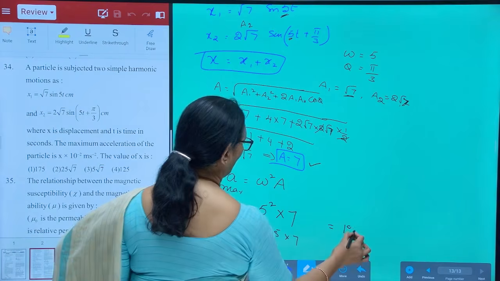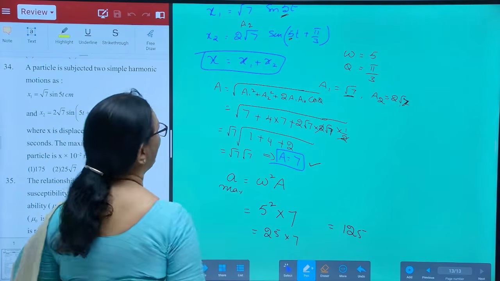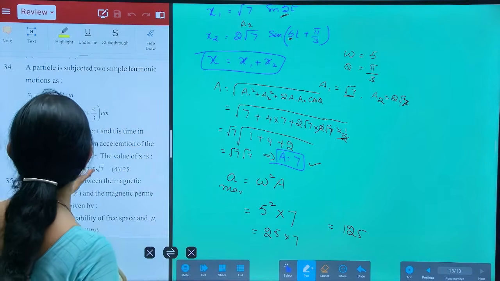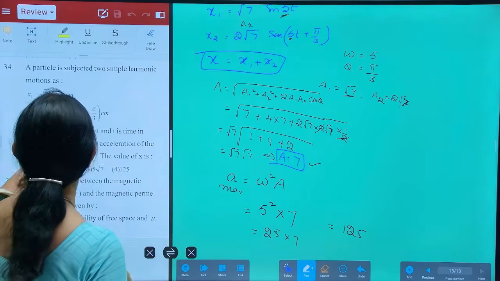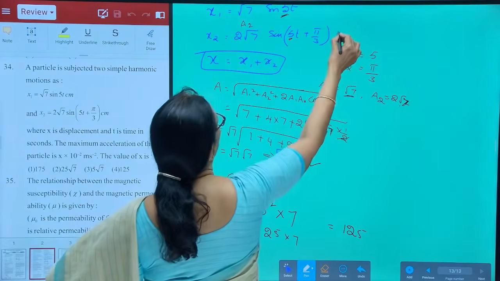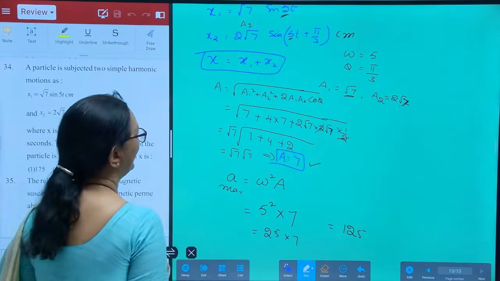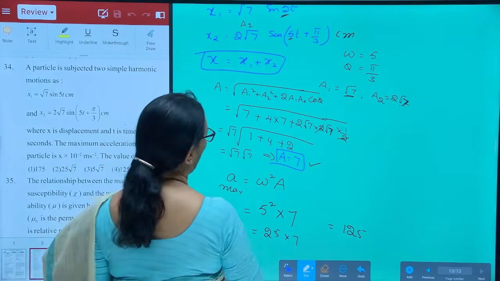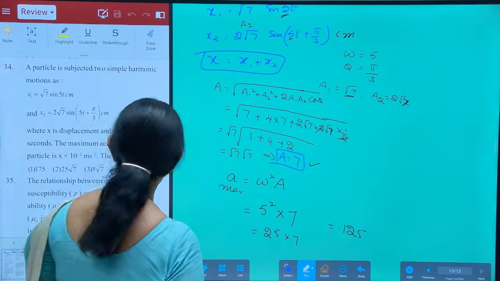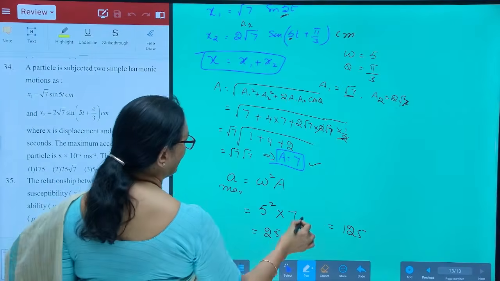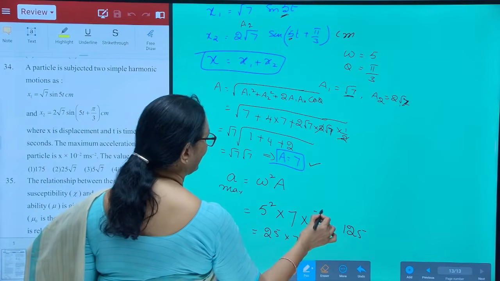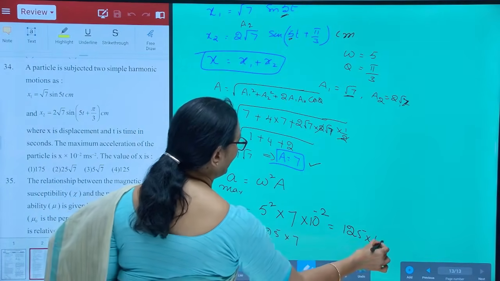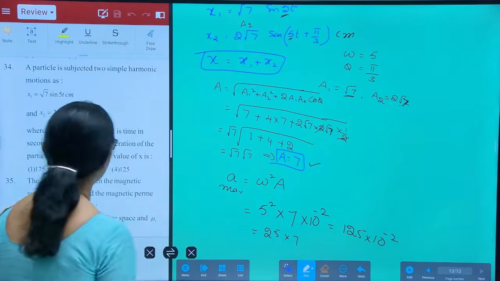125. Look here. Here it is given in centimeters. These x and y values are given in centimeters. So, this amplitude will be in centimeters. If you convert that into meters, it will be 125 into 10 power minus 2.